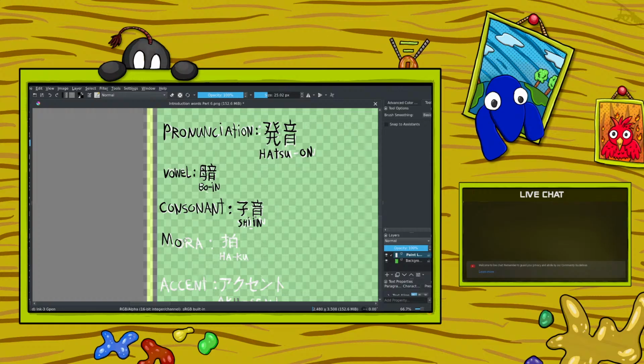Then we have a mora, which of course is then haku.